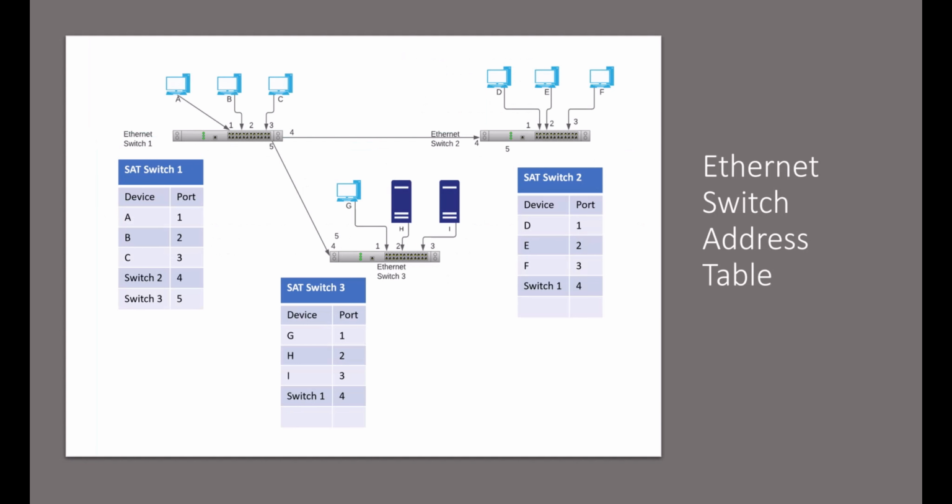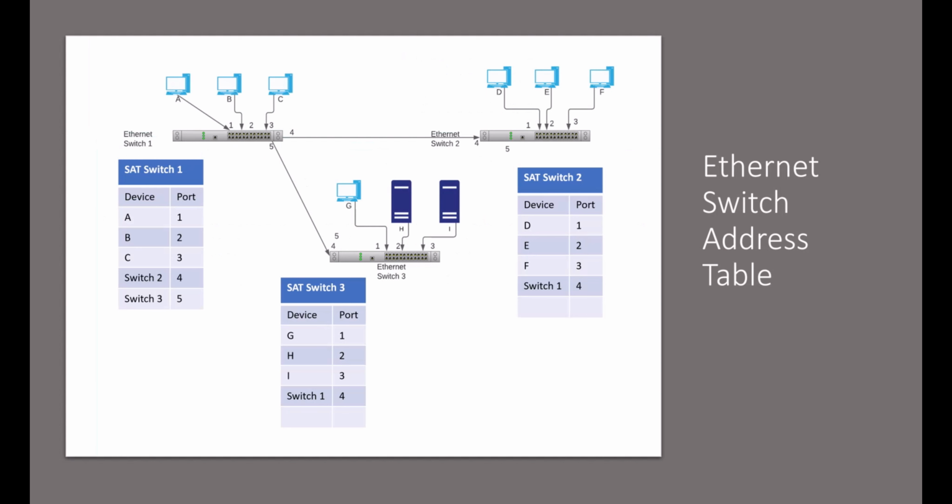So a switch actually builds this switch address table in memory, and the way this works is as a device transmits. In this scenario on Ethernet switch 1, device A transmits. Device A is connected to port 1. The switch will notice that the MAC address of A is on port 1, so it will put the MAC address A on port 1.